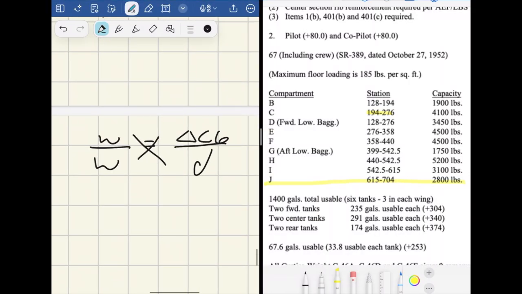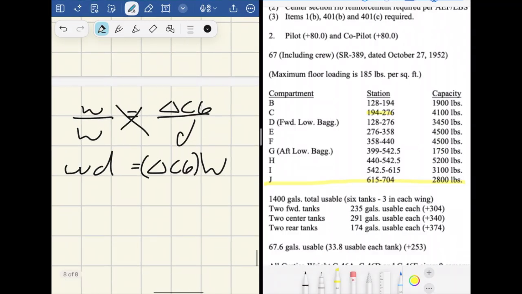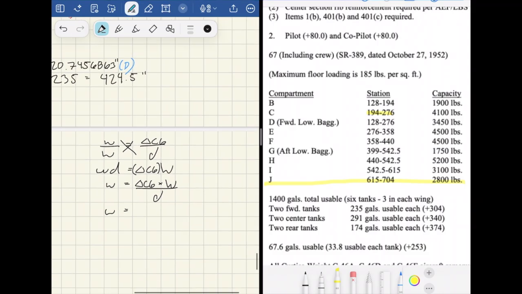Cross-multiply, small w equals change in CG times big W, and then we need to isolate the weight, so w is equal to change in CG multiplied by the total weight divided by the distance. Alright, so we are now gonna input our values.